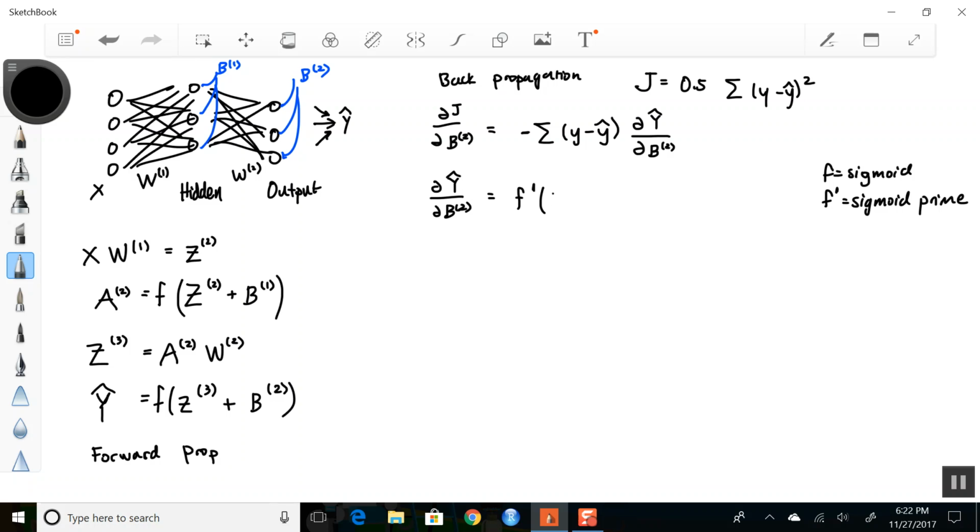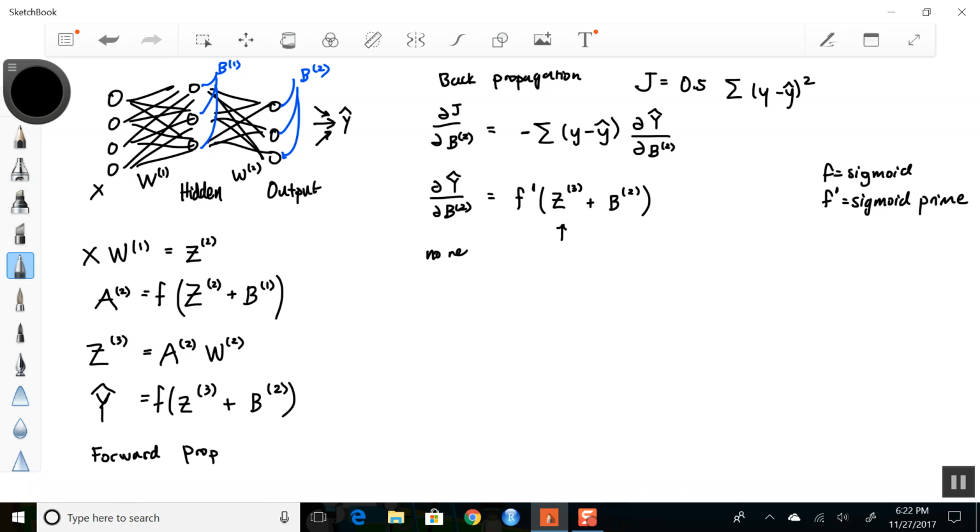So we have f prime of this output, Z3, plus the second bias matrix, okay? And if we ask how this varies with respect to the second bias matrix, it doesn't vary at all. So for Z3, there's no need to further apply the chain rule, okay?